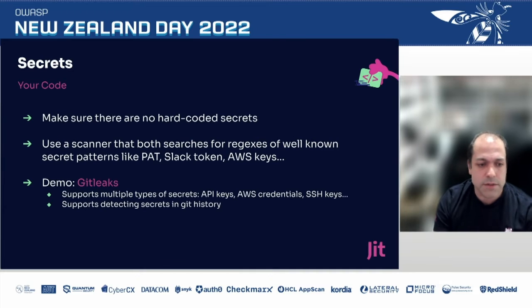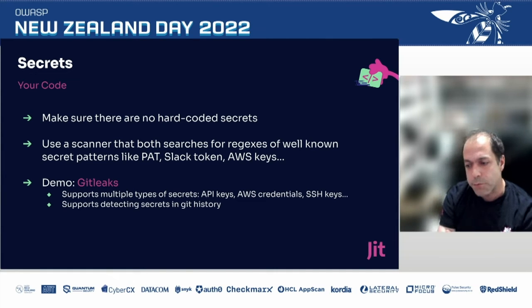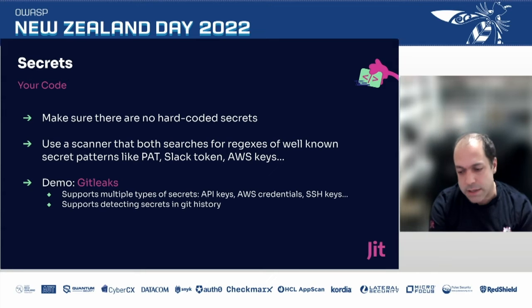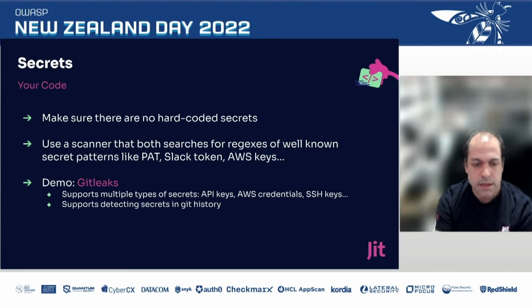For the secrets, I'm using a great project by Zachary Rice. It's called GitLeaks. It's based on regexes for a lot of well-known secret patterns like GitHub Personal Access Token, Slack Token, AWS Keys. There are a lot of built-in regexes inside this tool.